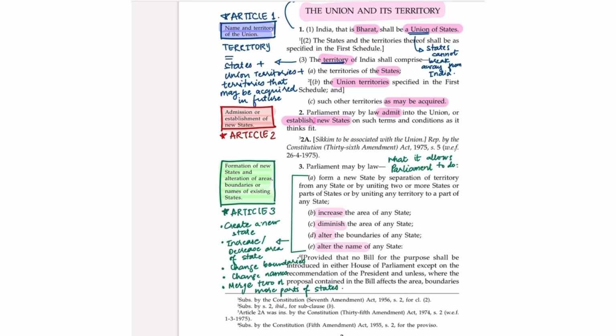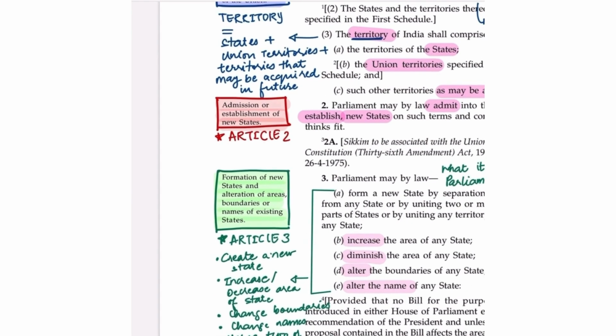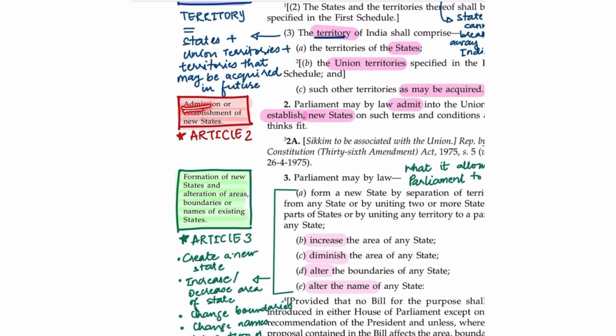And article 3. Article 3 talks about the formation of new states and alteration of areas, boundaries or names of existing states. So article 3 is any changes that you do to your already existing states. Okay, remember the difference in these words: admission or establishment of new states, and formation and alteration of areas of the existing states.